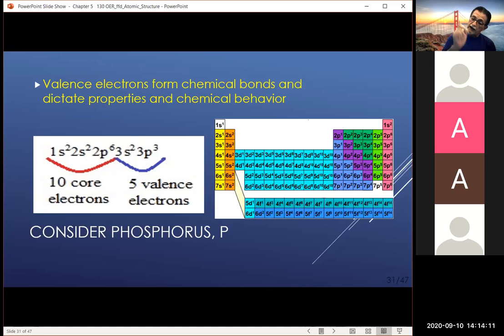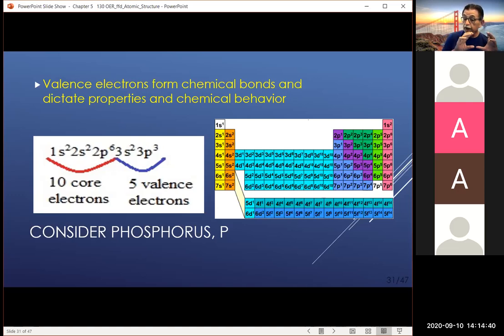Now, if you had to make an educated deduction here, would you anticipate phosphorus to gain or lose electrons? What do you think? Gain? Exactly. First of all, it's a non-metal.